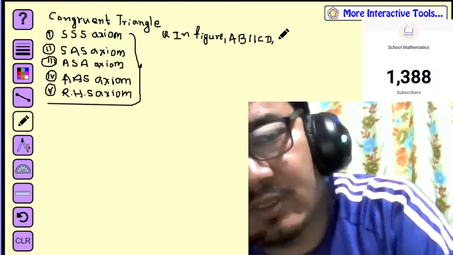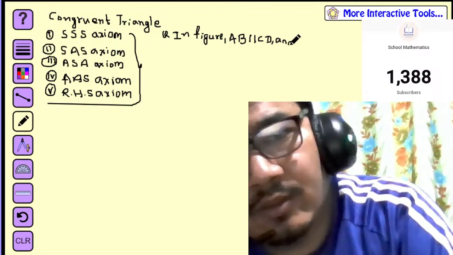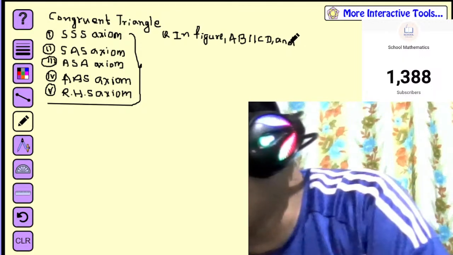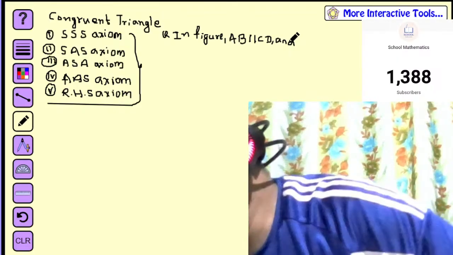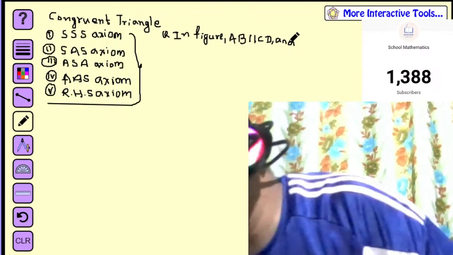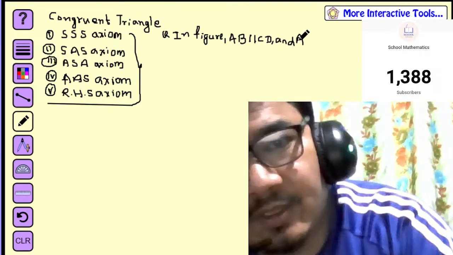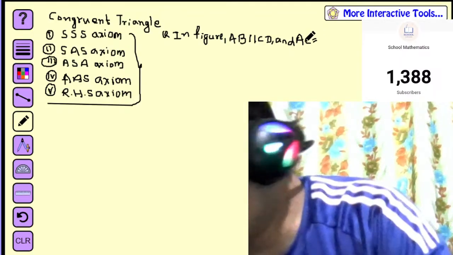And there is another thing given also: AC is equal to CE. AC is given equal to CE.